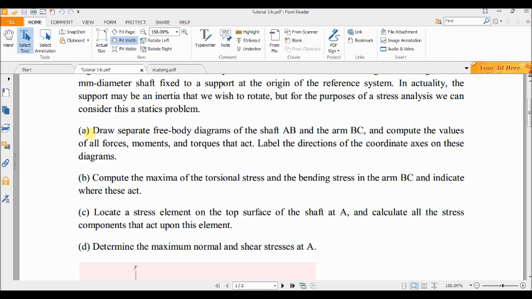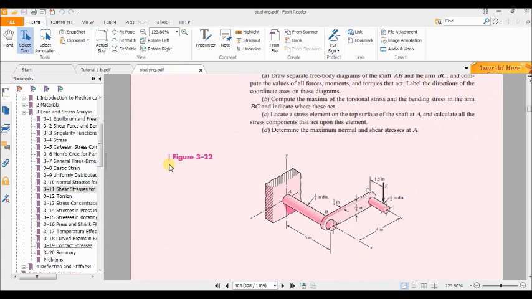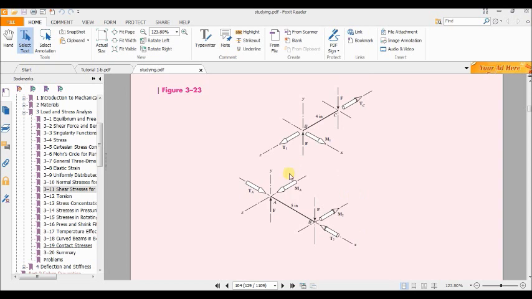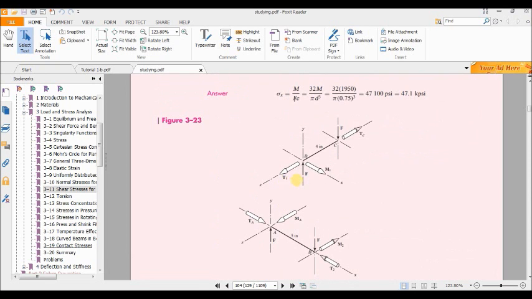In part A, we are required to draw a separate free body diagram of shaft AB and arm BC, then compute the values of all forces, moments, and torques that act on the system. Then we need to label the direction of the coordinate axis on this diagram. If you refer to the textbook, you can see that the free body diagram of each shaft has been drawn and the directions are determined.